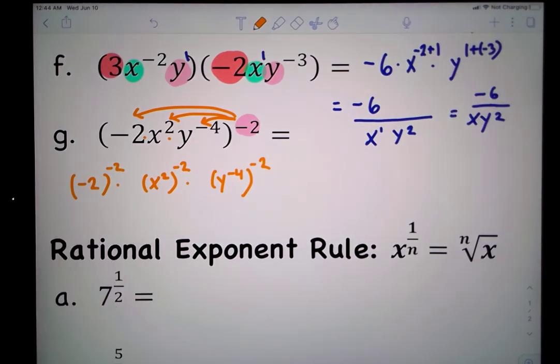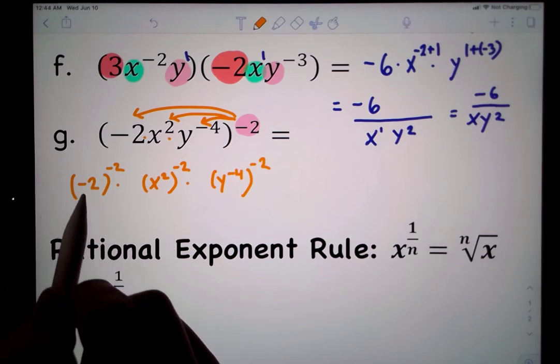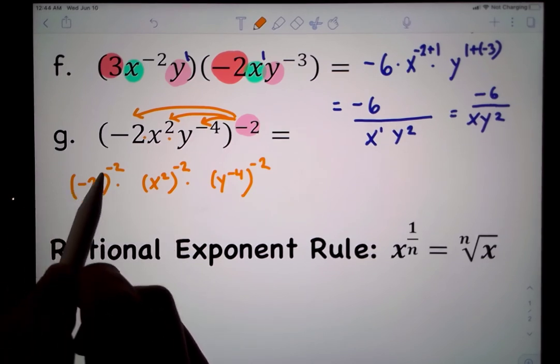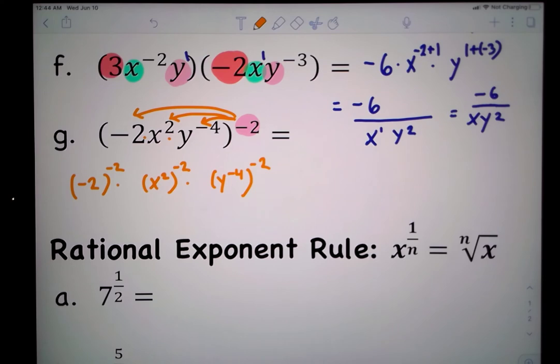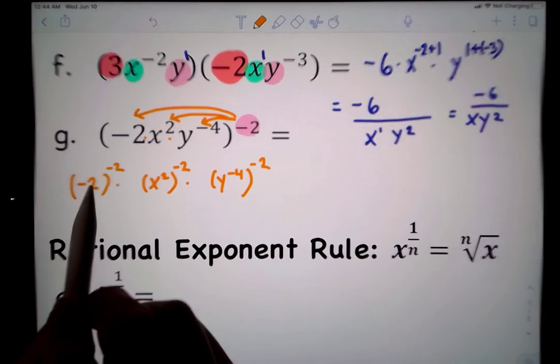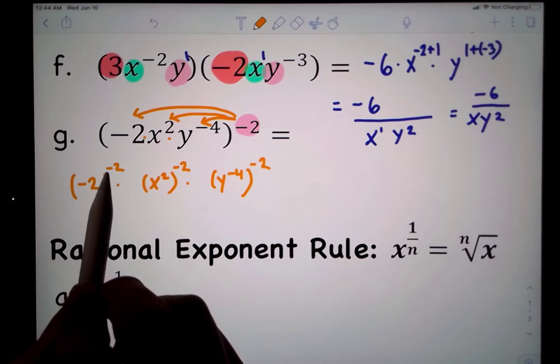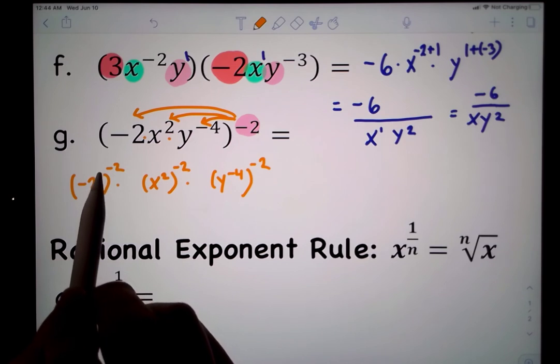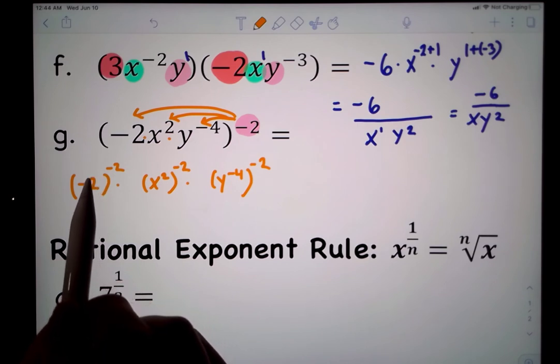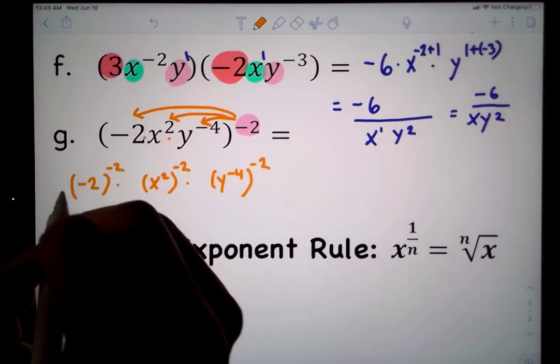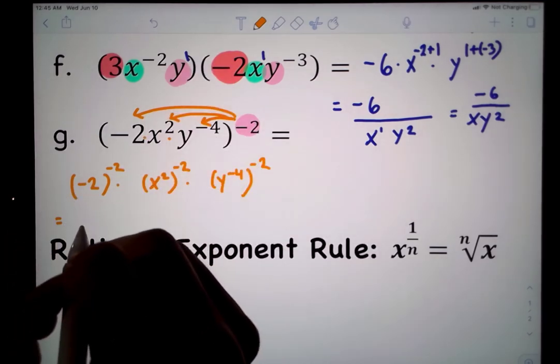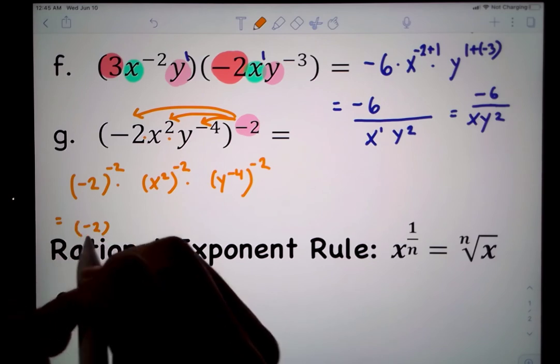Alright? And guys, look, this is confusing. Do you see negative, negative? We are not doing anything with that because this negative is on the exponent, right? So negative exponents can do only flipping the number, alright? Only flipping the number. So that one will be negative 2, right?